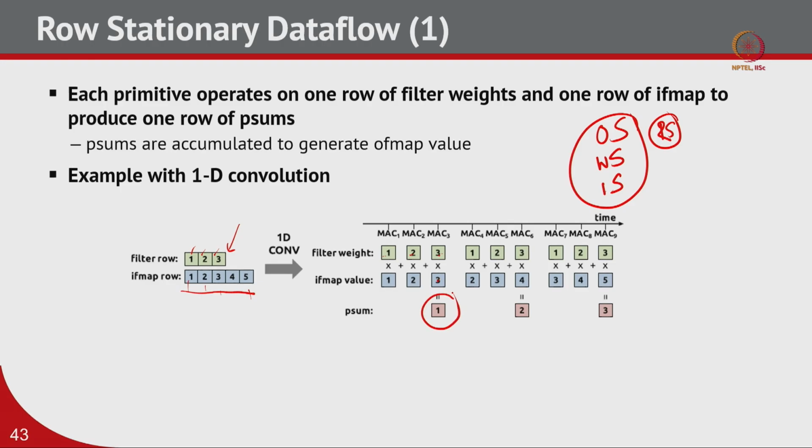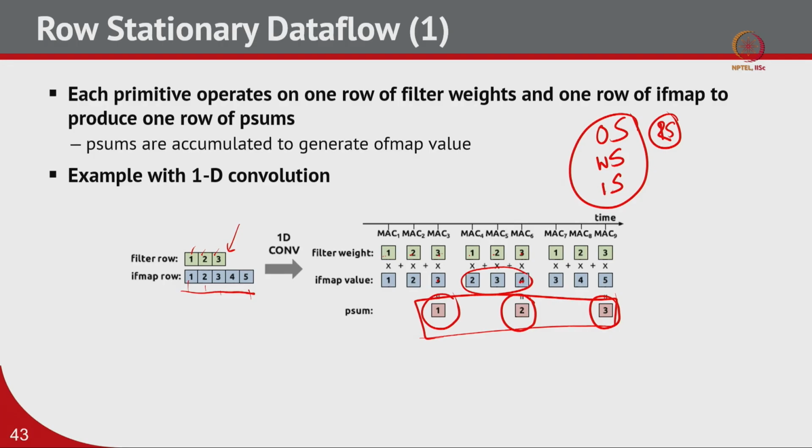Now, in the same PE we again perform element-wise multiplication between the 1, 2, 3 indices of the weight and the second, third, fourth indices of the input feature map to obtain the second partial sum. Similarly, we will obtain the third partial sum. Once we have these partial sums, one row of output is produced. That is the philosophy of row stationary data flow.